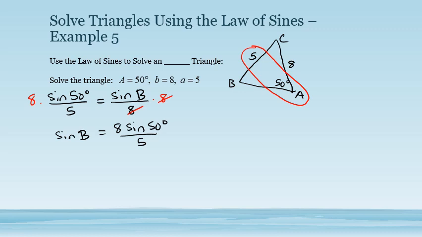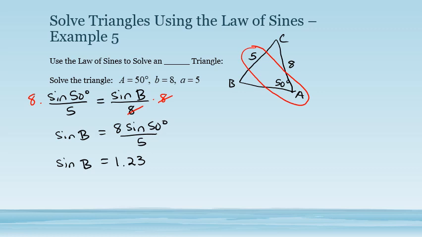Now, one of the things, like I've told you, that I like to do just to give me a feel for what's going on anytime I know that I'm going to have an inverse involved is actually put into my calculator what is 8 times the sine of 50 degrees divided by 5. And when I put that into my calculator, I get 1.23. So what this problem is asking me to do is find the angle that produces an output of 1.23.